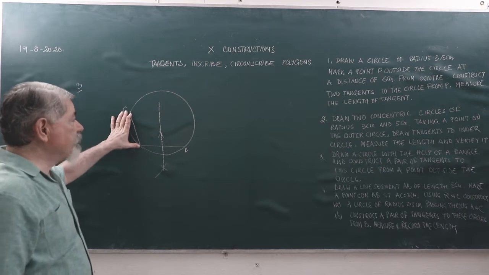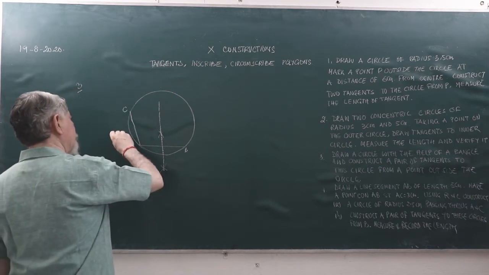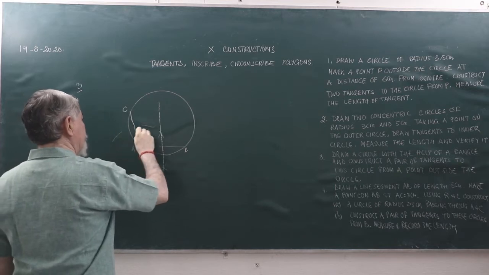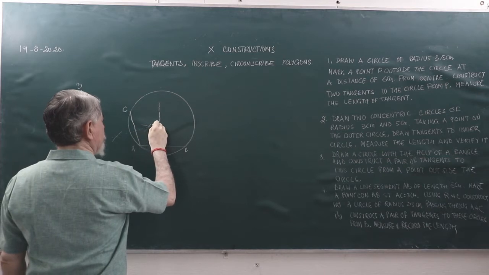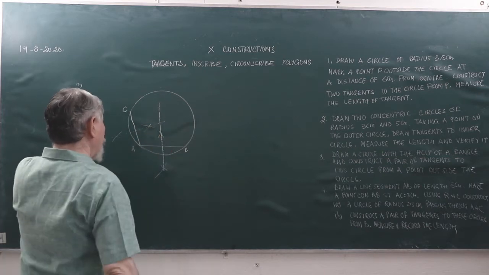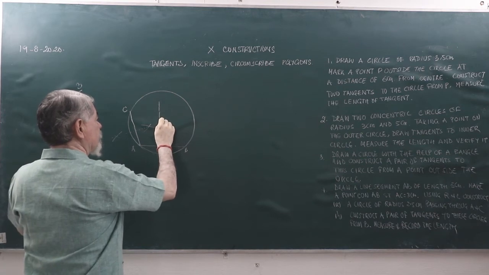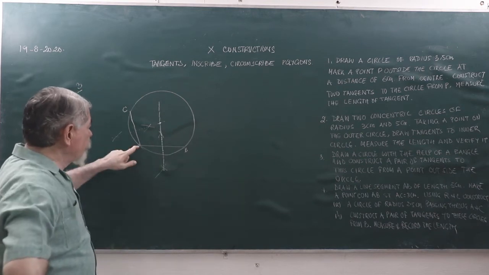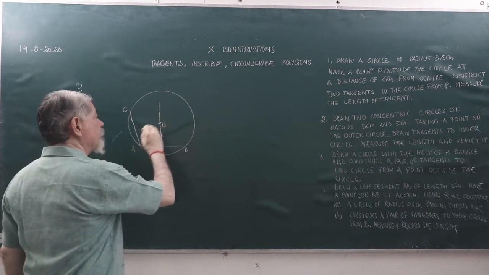And then I bisect AC. When I bisect AC, what will happen? Again the same thing. I'll get another perpendicular bisector, of AC. Now the point where the two bisectors meet will be at equal distance from A, B and C. So this is the center of the circle.